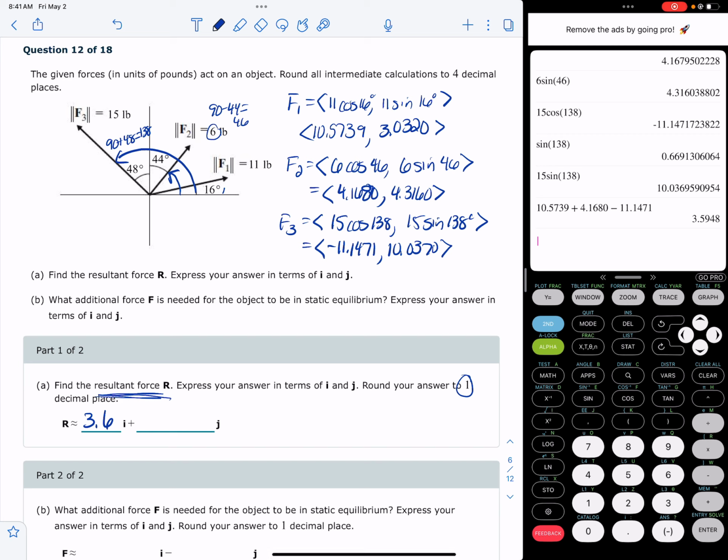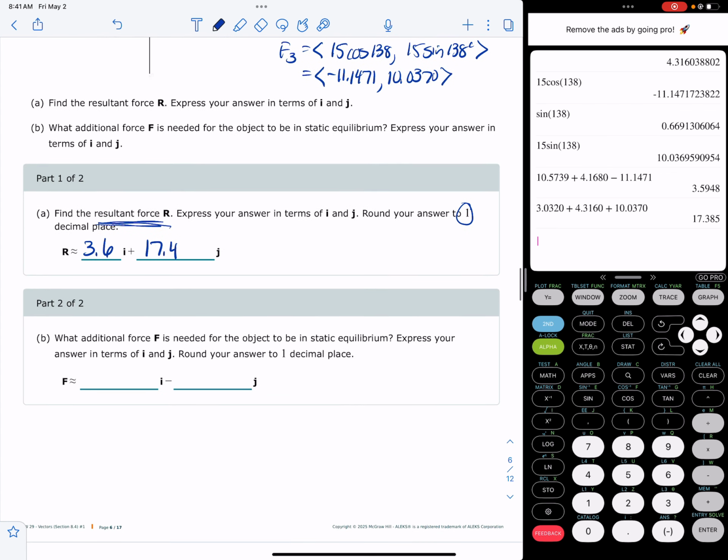Now add the j's. 17.4. And then the opposites.